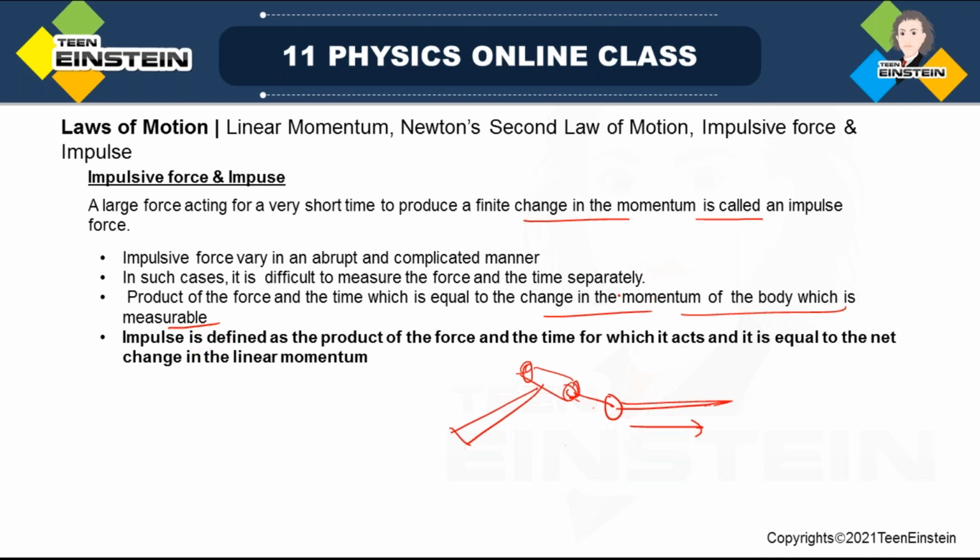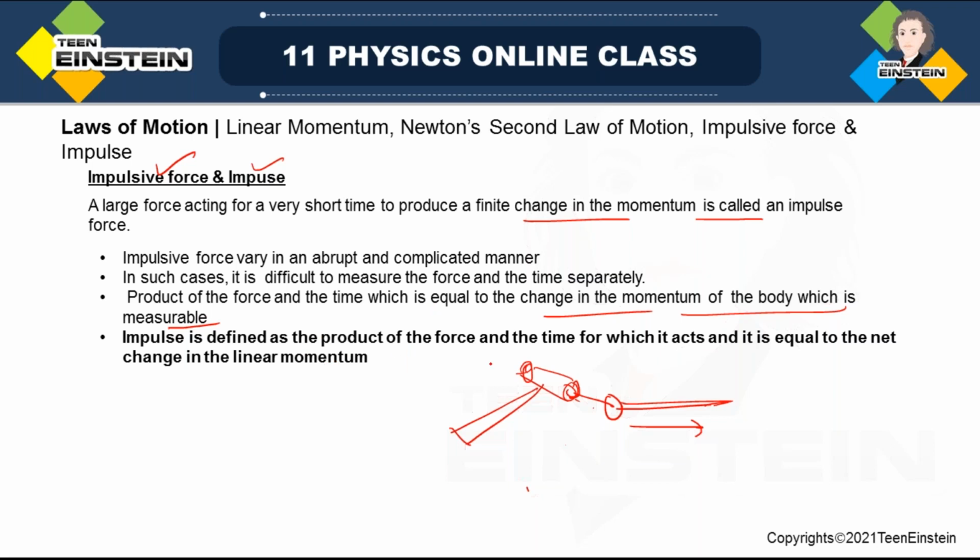That is called impulse. When you apply a large force for a short while, it has an effect on the object, the change in the linear momentum. This change in the linear momentum is called impulse. You are applying an impulsive force, which is the cause, and it is making an impulse, which is the effect. So impulsive force is cause and impulse is effect. Okay?